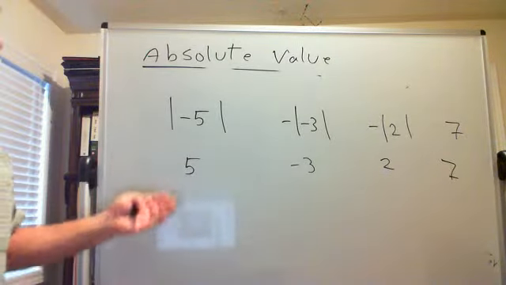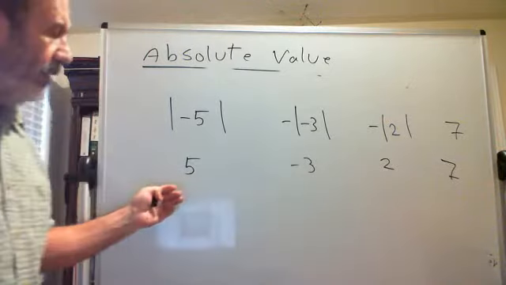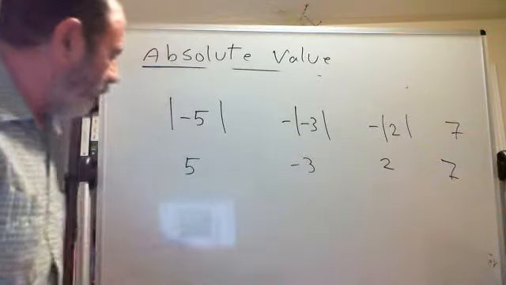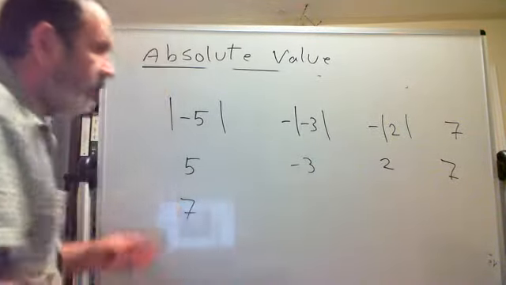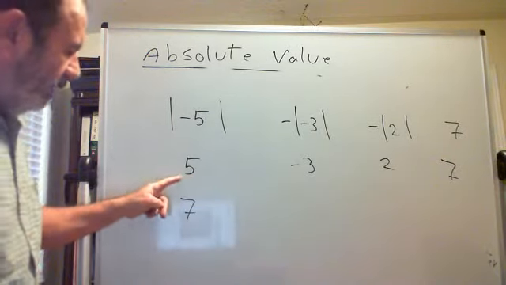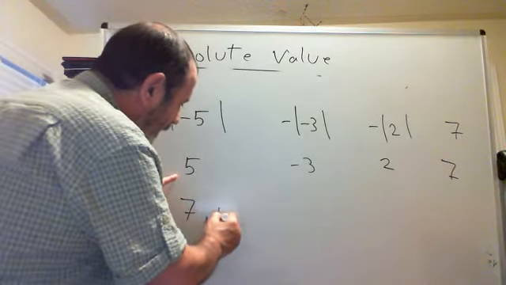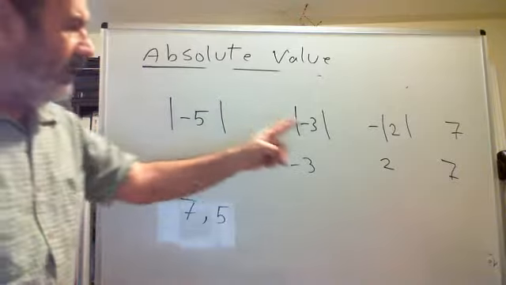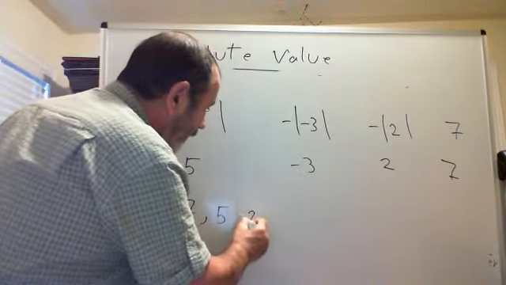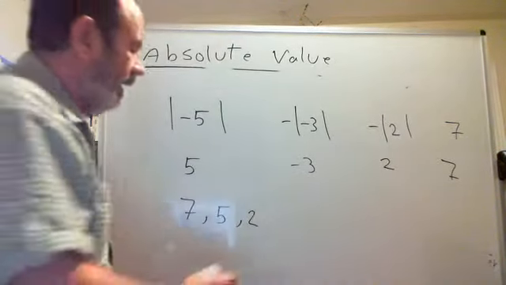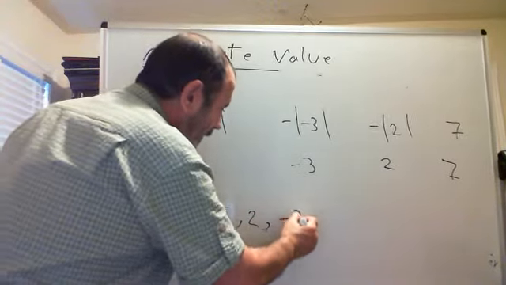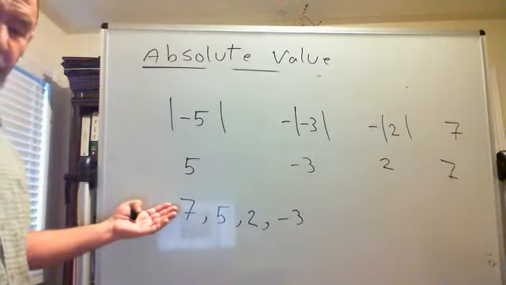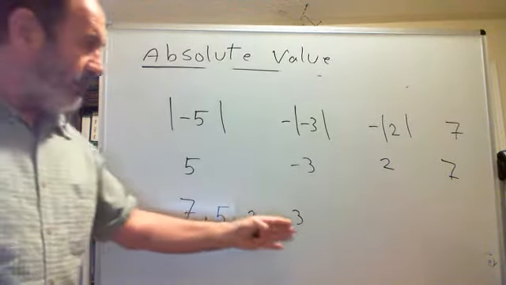If you want to arrange from largest to smallest, the first number is going to be 7. What is the next one? It's going to be 5. Then 2. And the last one is going to be negative 3.